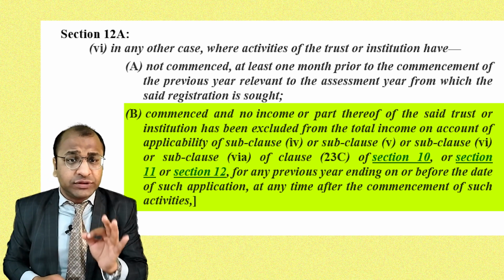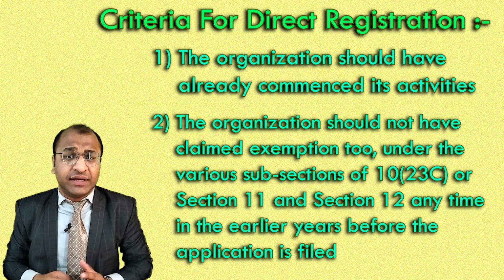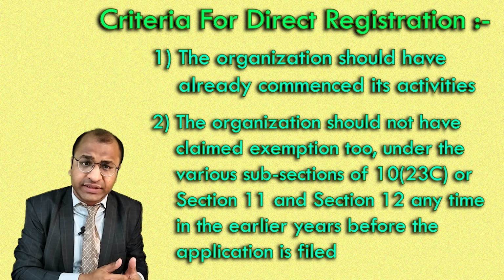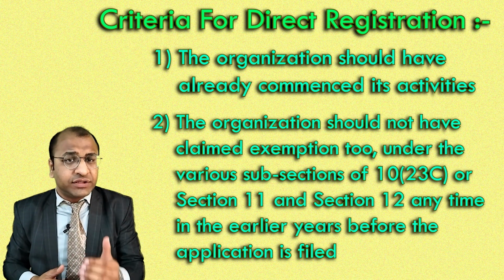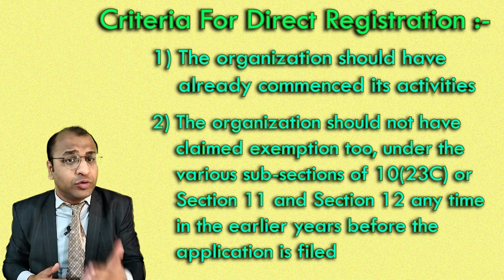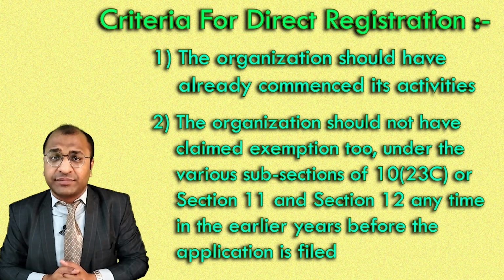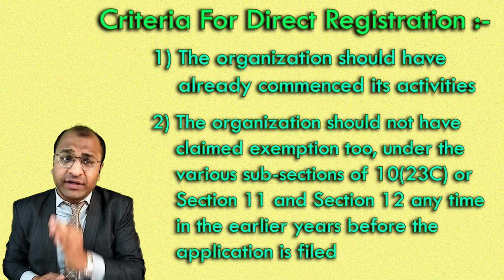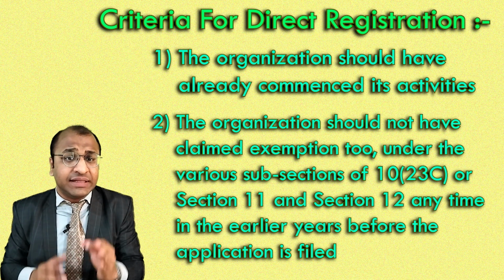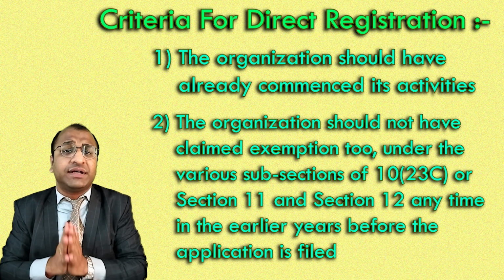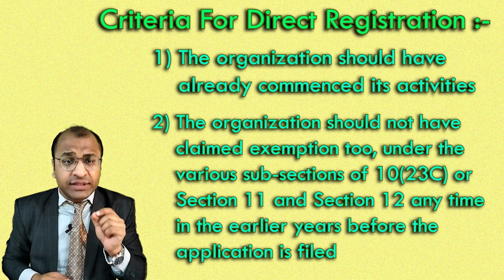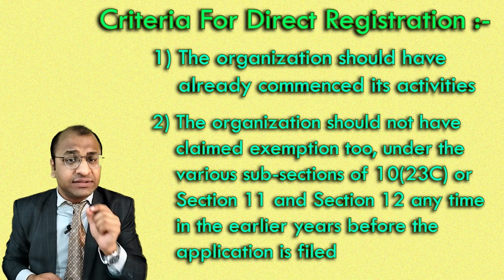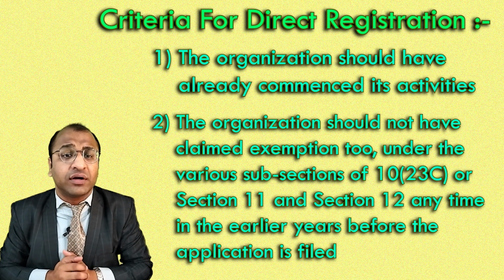If we go through the provisions, it can be seen that not only the organization should have already commenced its activities, but the organization should not have claimed exemption under the various subsections of 10(23C) or even section 11 and 12 at any time in the earlier years before the application is filed. Section 10(23C) subclause 3 and its other subclauses are not covered.